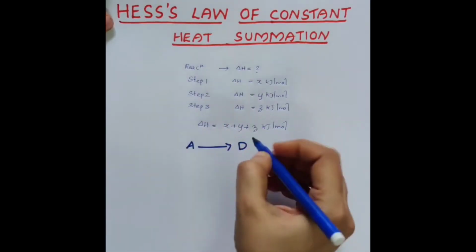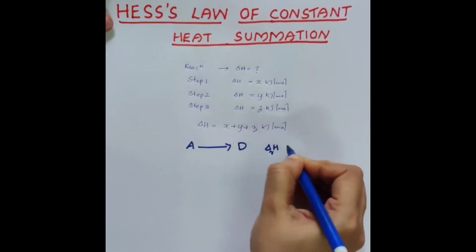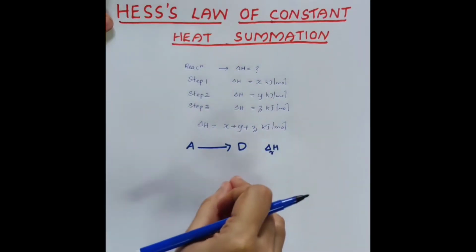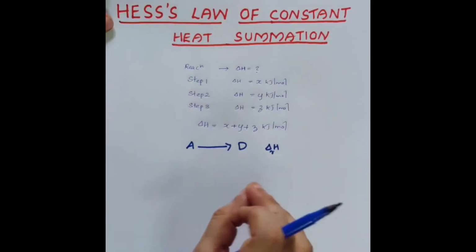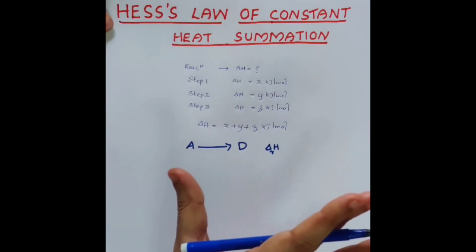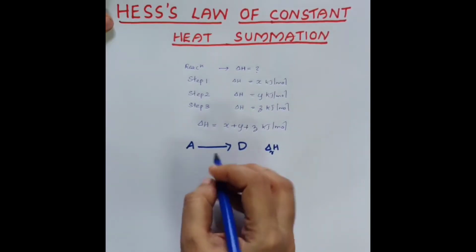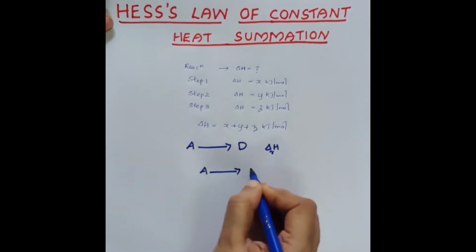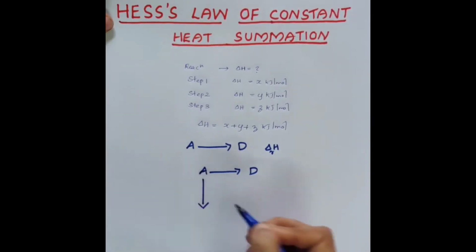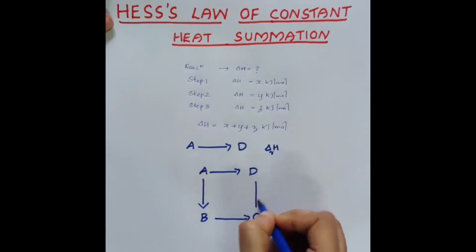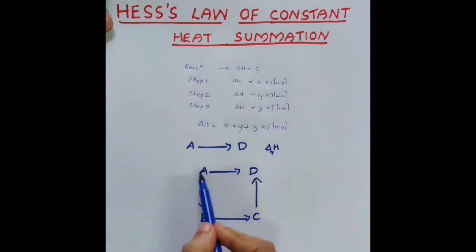That is, A to D with intermediate steps B, C and then D. That is step 1, step 2 and step 3 through a different pathway.